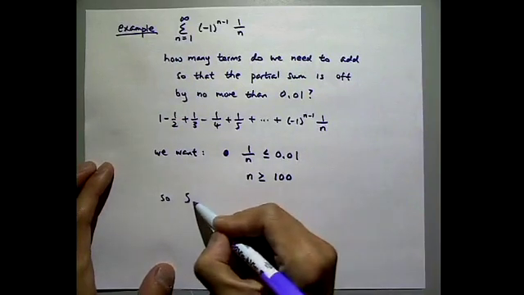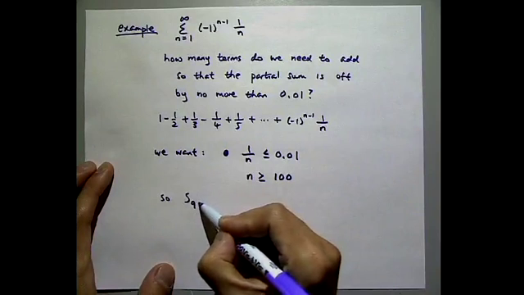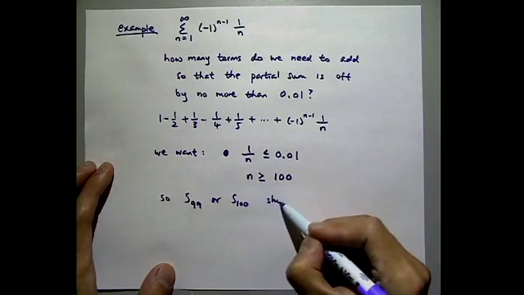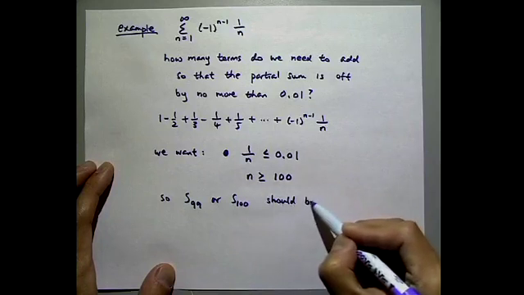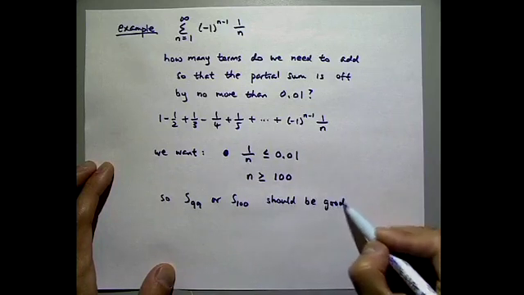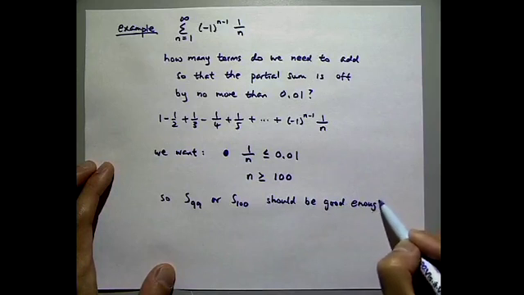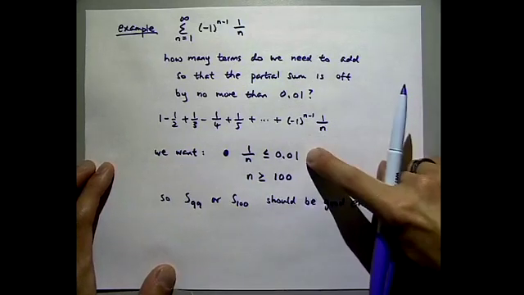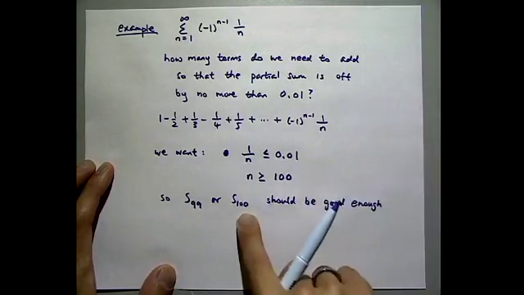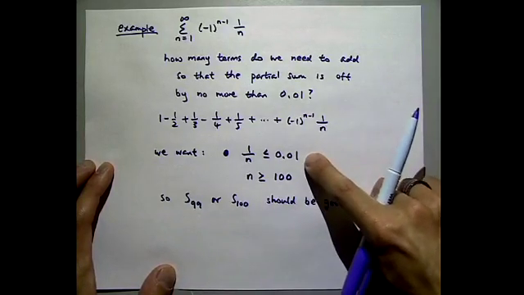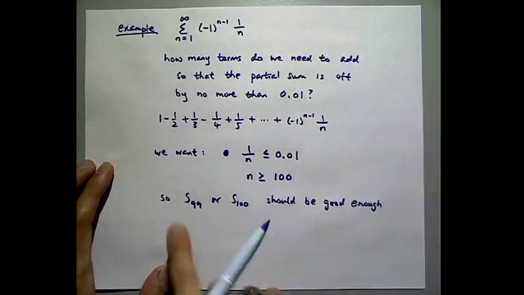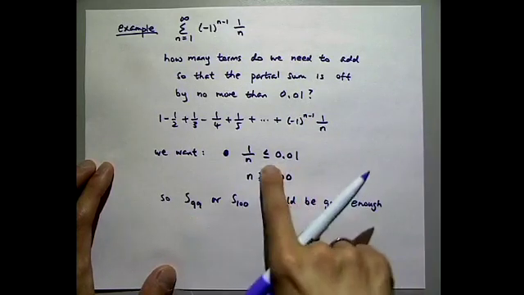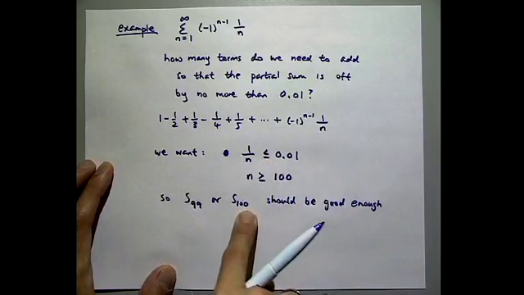So S99 or S100, either way, should be good enough. The 99th one will have an error that's exactly equal to this. The 100th will have an error that's starting to be less than that. So bare minimum is 99. But if I'm going to be safe, to be below it, then I need to go to 100 or more.